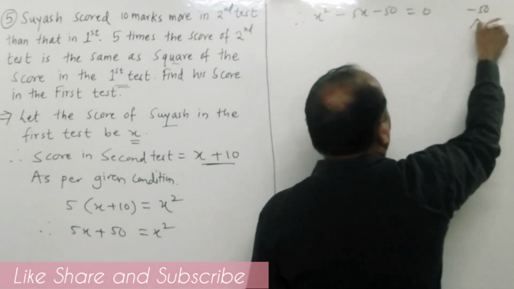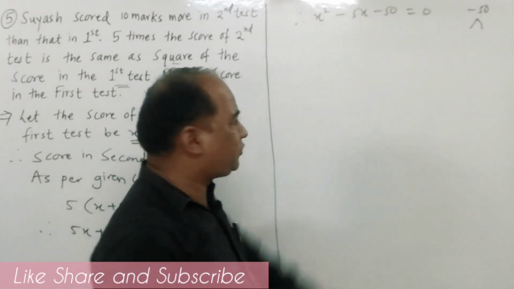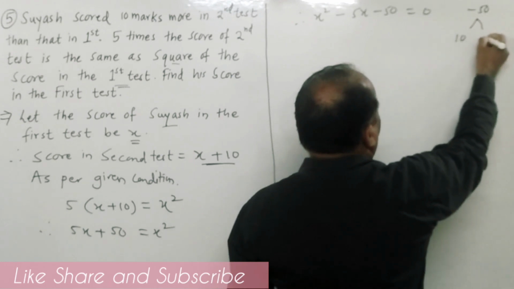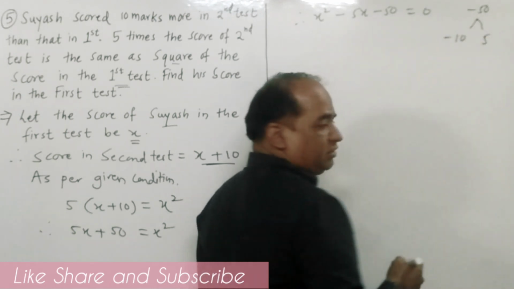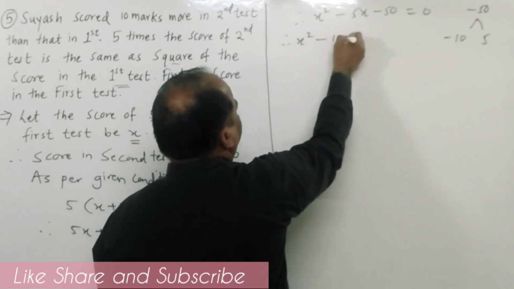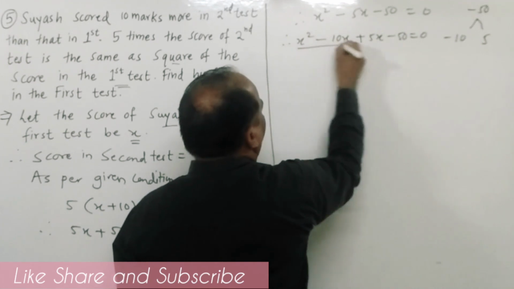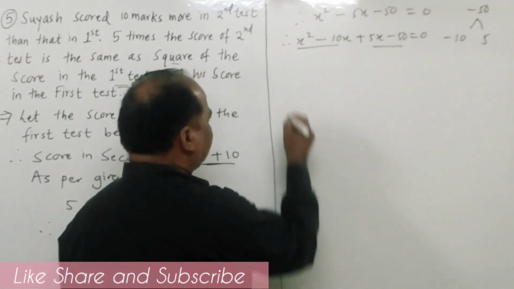So, factors of minus 50, so that middle term should come minus 5. So, 10, 5 are 50, minus 10 plus 5 are the factors. Therefore, x square minus 10x plus 5x minus 50 is equal to 0. Take common from both the terms.